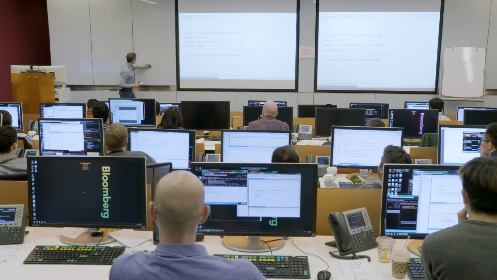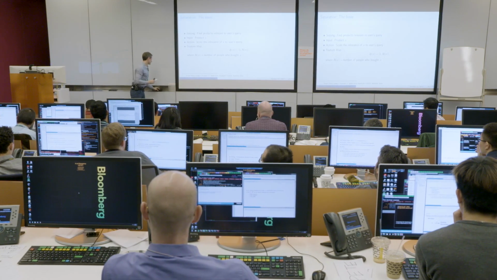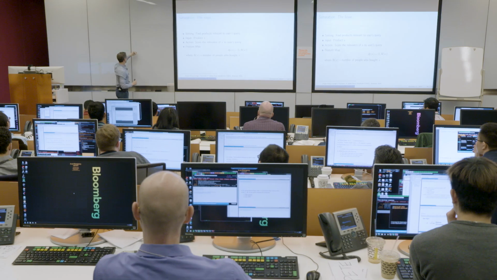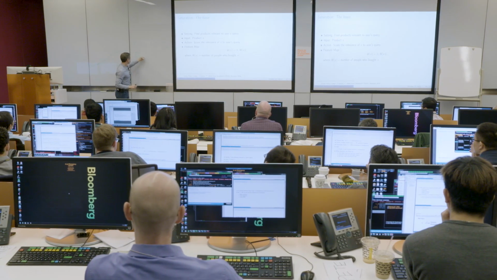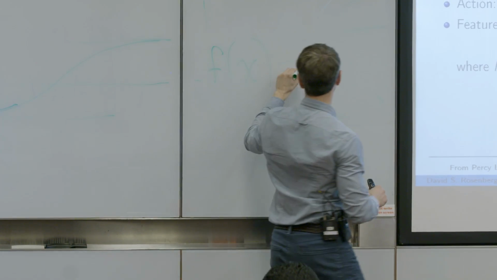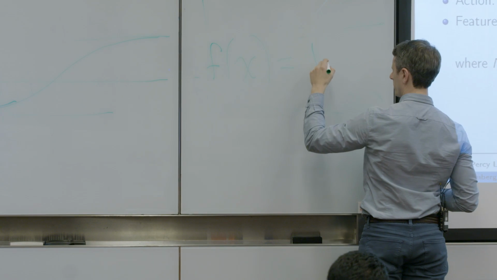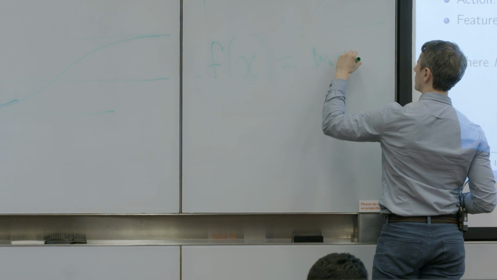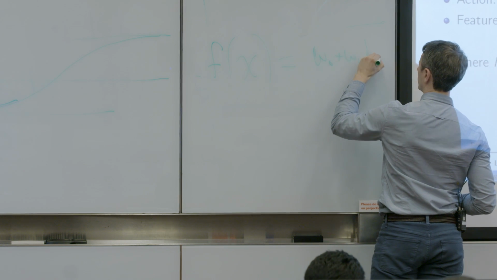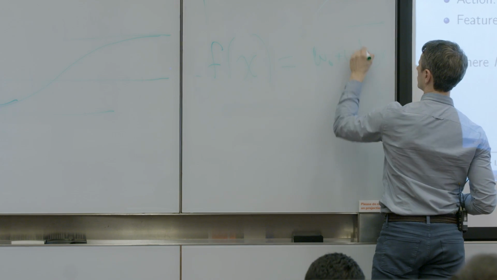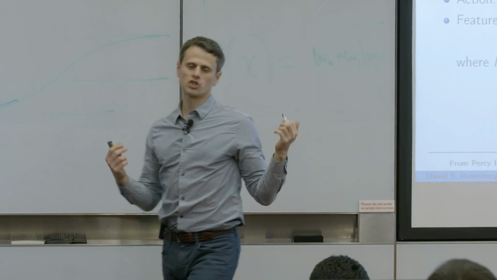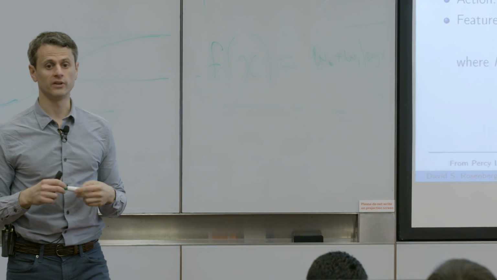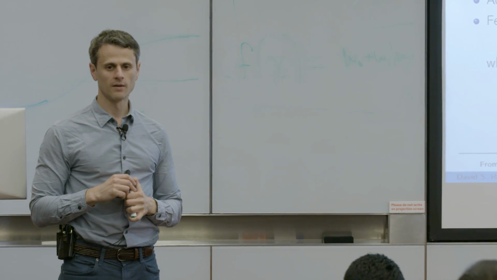It's just as though you had written down a function of the form, say, w0 plus w1 log x instead of w1x. It's just changing the function that you're trying to fit. That's the interpretation.